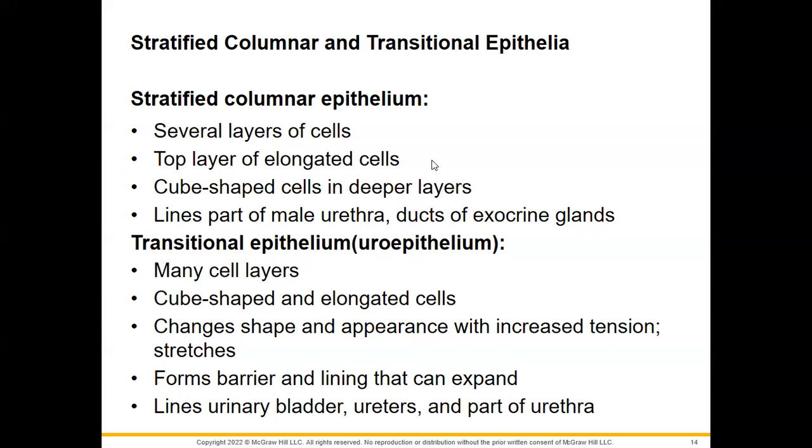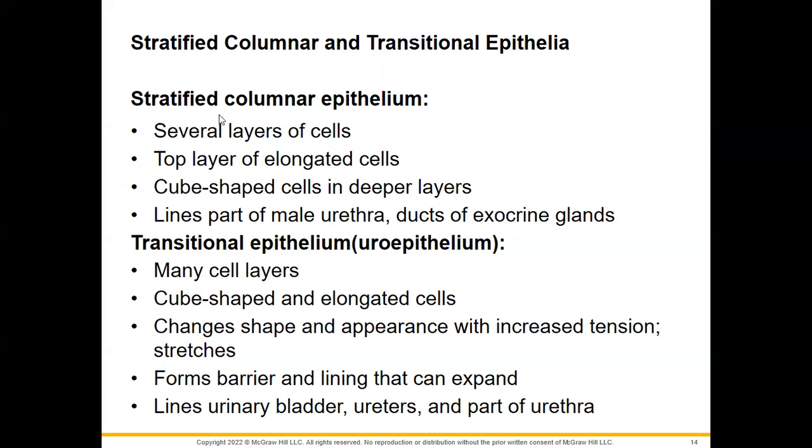The most superficial cells are going to be the ones that are more elongated, looking more columnar. These are going to be the cells that are more mature. The younger cells, or the ones that are in the deeper layers, are going to have a more cube shape. So these are not going to be the ones that you want to look at for explanation on what type of cells we're dealing with.